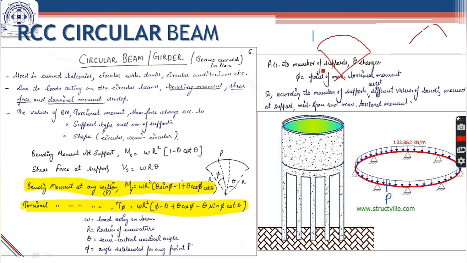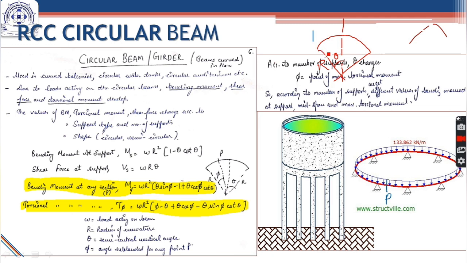This is r. This is like any arc. The semi-vertical angle is theta. So this theta and r are the main defining properties of this particular circular beam. Like in case of a circle, when we define a circle, we have to define its center and its radius. Similarly, in case of a circular beam, we have to define its radius and its semi-vertical angle, which is theta.